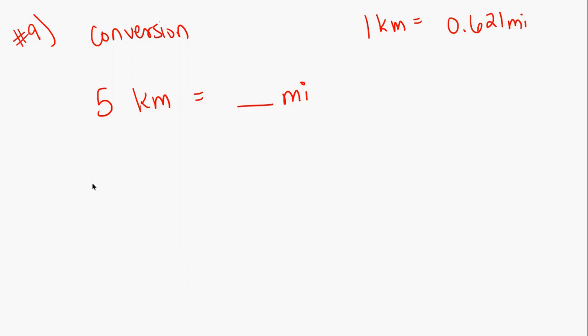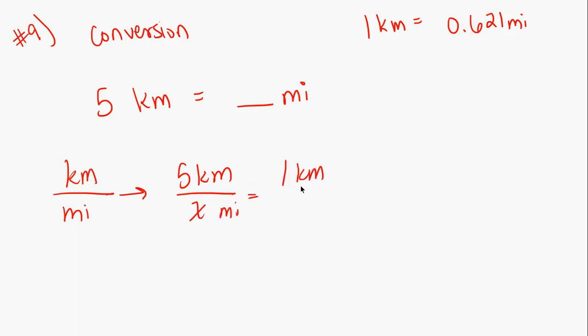So we compare kilometers to miles. We've got kilometers over miles. If we have 5 kilometers, we don't know how many miles that is, but then we have 1 kilometer to 0.621 miles.